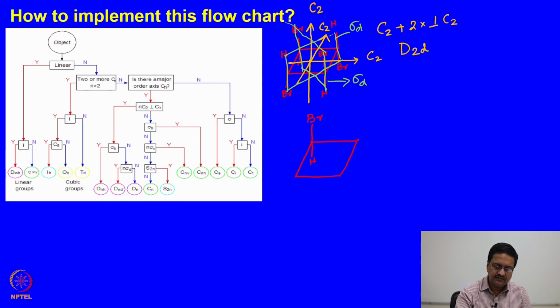Here the adjacent bromines are up, on the other side the adjacent bromines are down. So, now what are the symmetry elements present in this molecule?